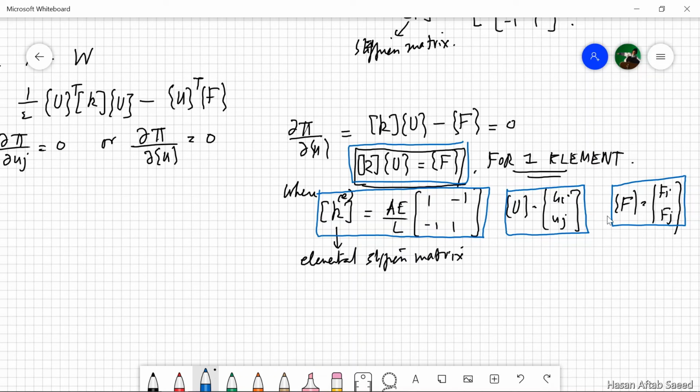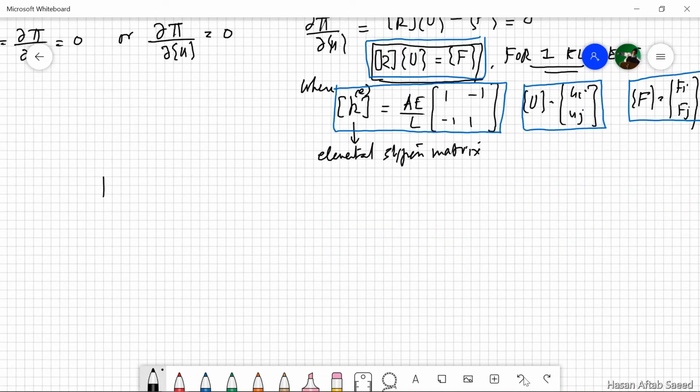Now this is for one element. What to do when there are more than one element? Obviously, the next step, once we have this, we make use of this expression to calculate these equations for all the elements separately, and then we have to combine them together. So what happens is this for the whole system.